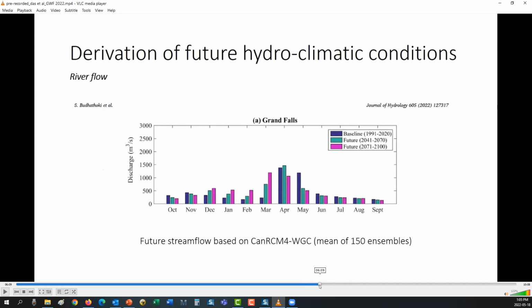And here are some of the results that we have. These are now the discharges at Grand Falls. We can see here, this is our baseline from the historical period, the blue here. We've got now the future in two time periods of about 30 years each, from 2041 to 2070, and then the 2070s, 80s, and 90s of this century.